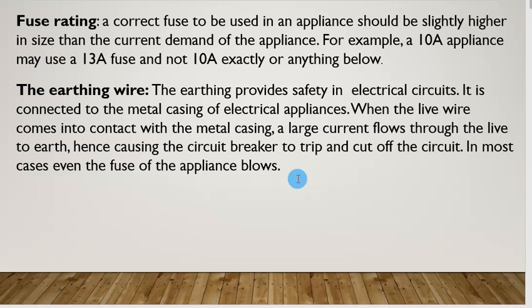If the electric cooker is not earthed, it simply means that the entire metal casing of your electrical cooker is live. So if you touch it when you are barefooted, and to make matters worse, if you are standing on a wet floor or your skin is wet, you can receive a terrible electric shock.